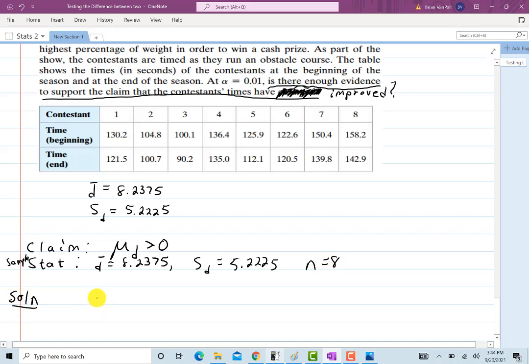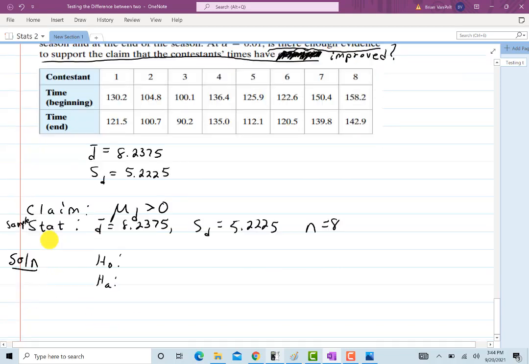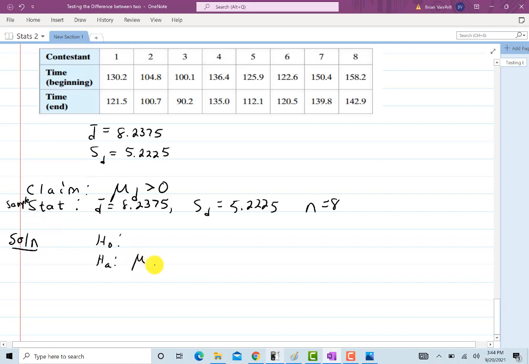Let me get our null and alternative hypotheses in here. So that is an alternative hypothesis, that is the claim. And that'll end up being a right-tailed test. And H sub 0 is that mu d is less than or equal to 0.